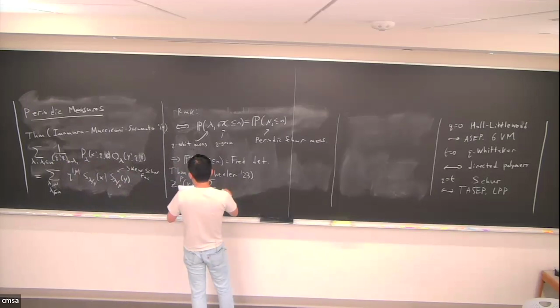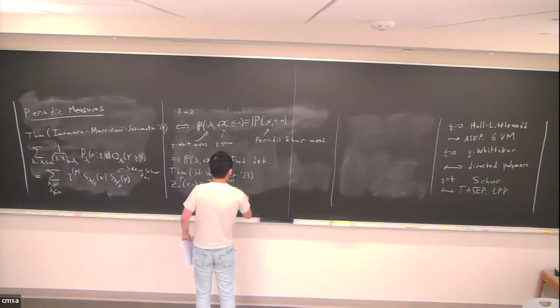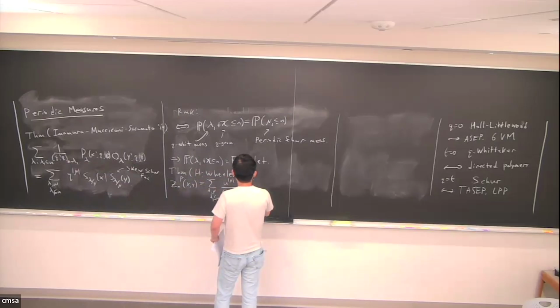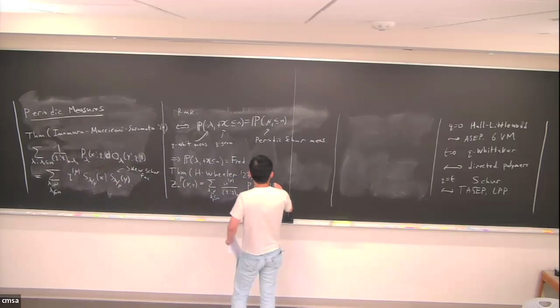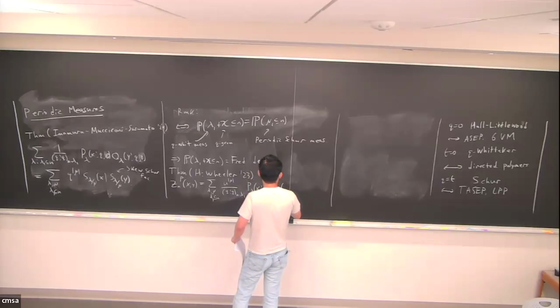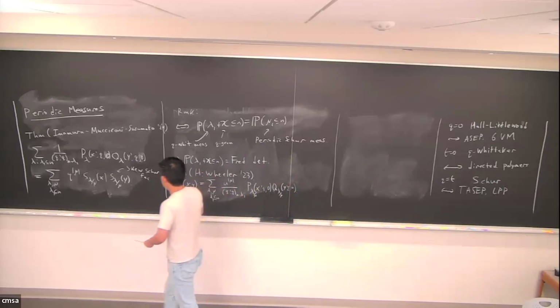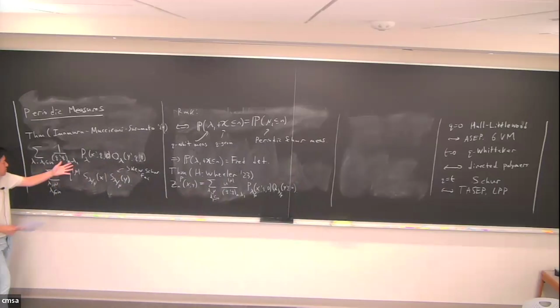There's going to be a u to the size of mu divided by q to the n minus lambda 1, and then t lambda of x, q lambda, lambda over mu of y.